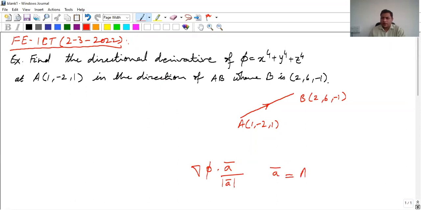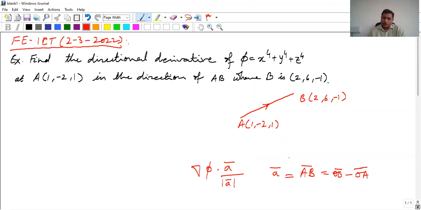This a bar is the vector AB. How are we able to get the representation of this vector AB? It is OB bar minus OA bar.